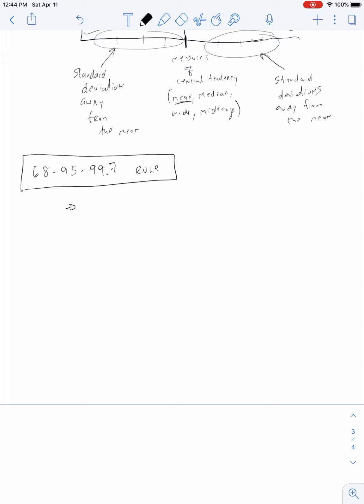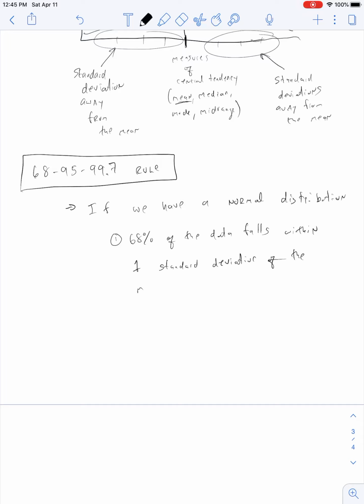What this tells us is that if we have a normal distribution, number one, 68% of the data falls within one standard deviation of the mean in both directions.